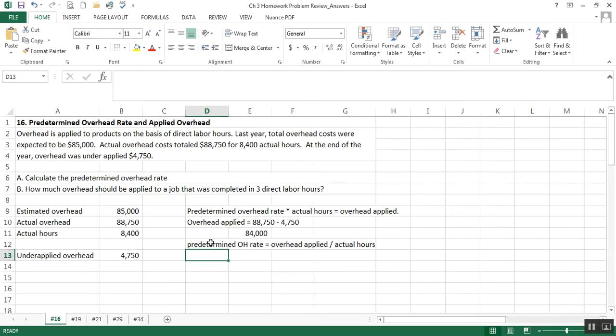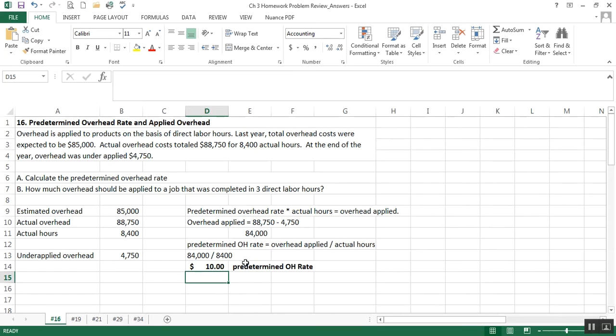Therefore, it's going to equal 84,000 divided by 8,400, giving us a rate of $10 per hour. So that's our predetermined overhead rate.